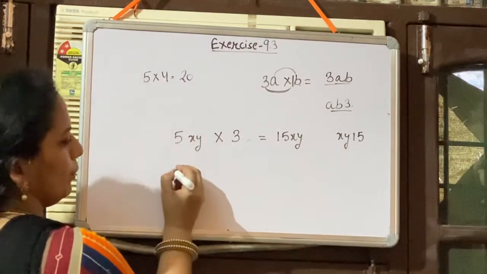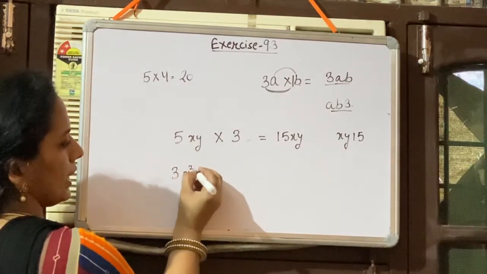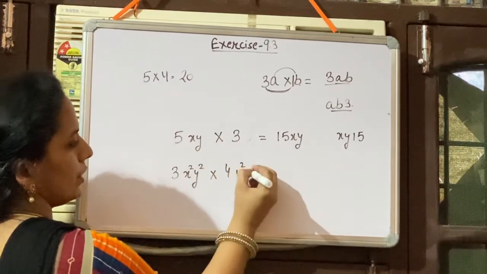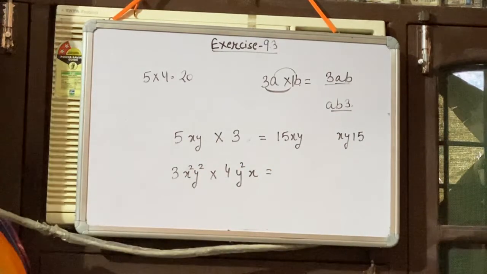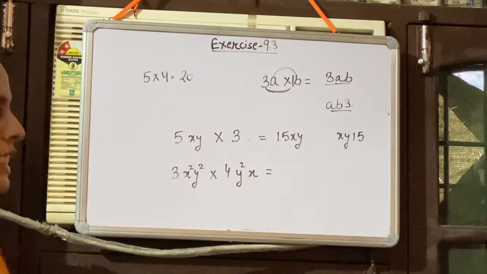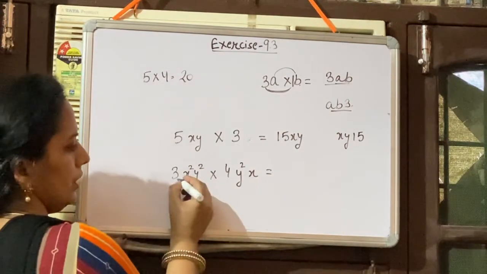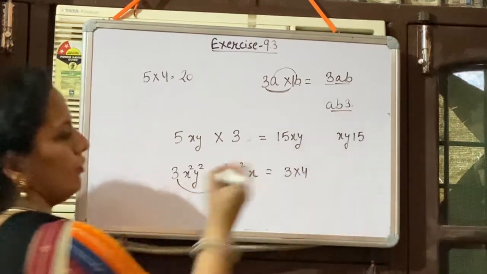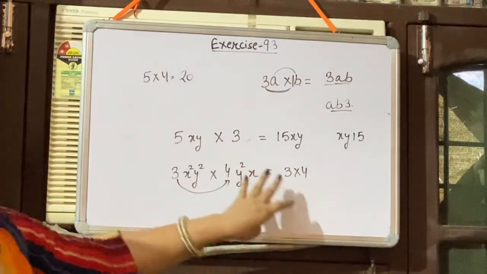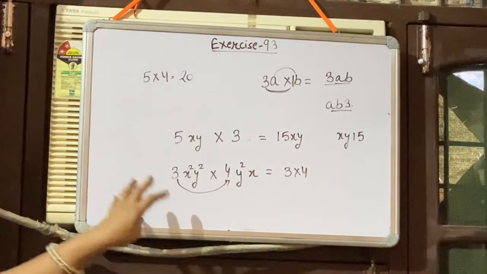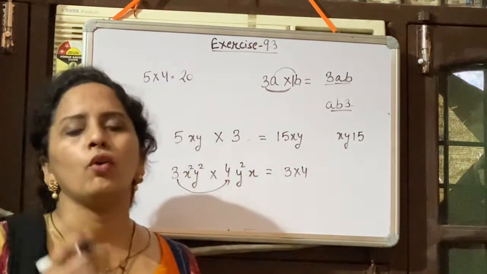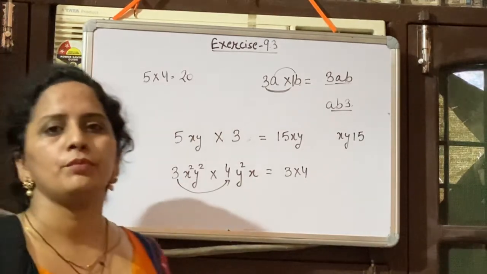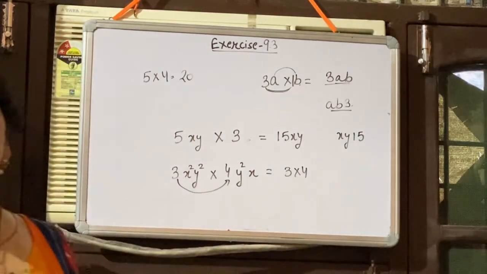Again, if we take one more example, 3x square y square multiplied by 4y square x. First of all, multiply the constant terms, the coefficients 3 and 4. That will be 3 multiply 4. After that the variables, and here we have to use the law of exponents. We know that if the base is the same, then the powers must be added.